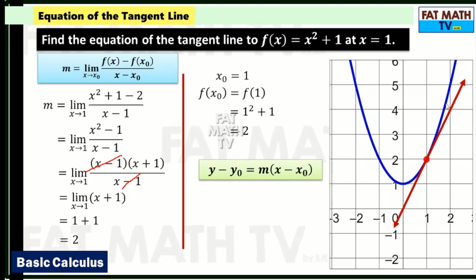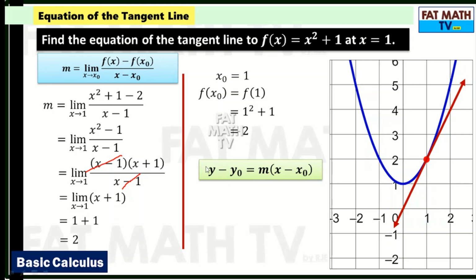Now we already have m, x null, and y null. This is the point slope form of the equation of the line. This is the formula that you use if you're given the slope of the line and a point on the line. Probably you have learned this when you were in grade 8.